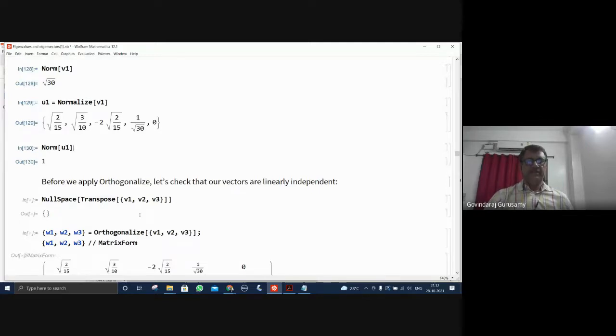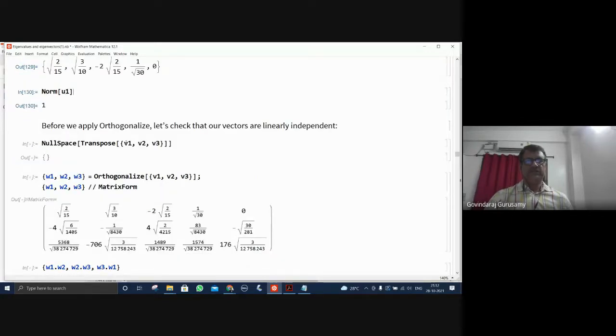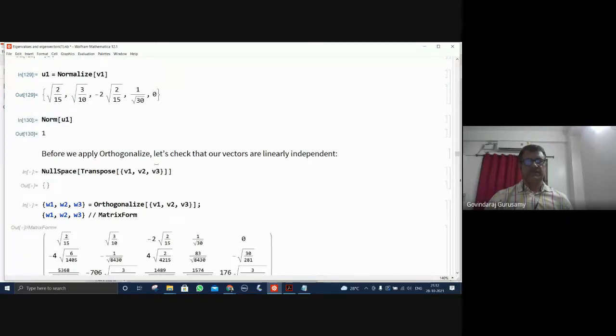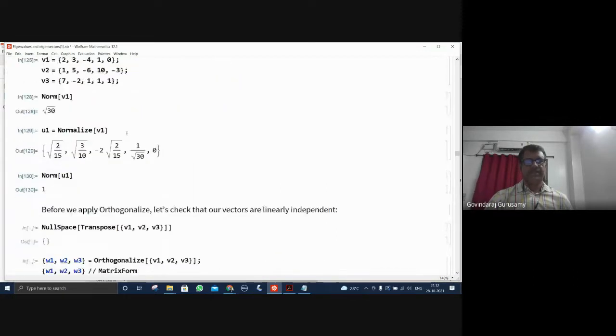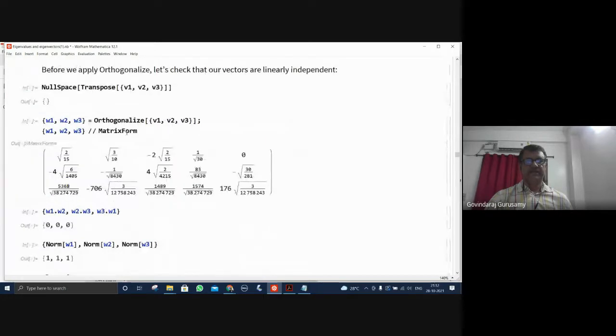Okay, so null space for V1, V2, V3. We wanted to find out what is the orthogonalization. You can orthogonalize this V1, V2, V3. What do you mean by orthogonalizing it?